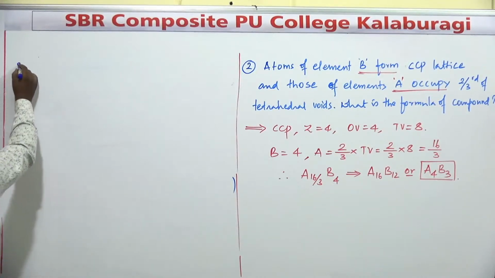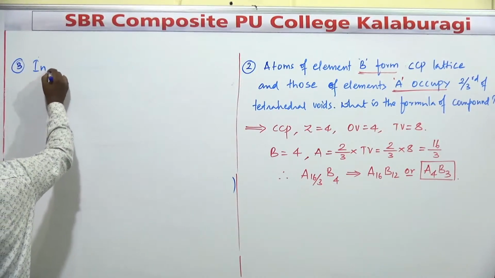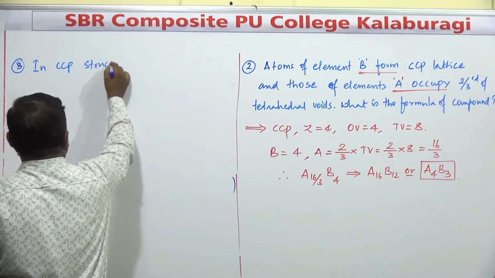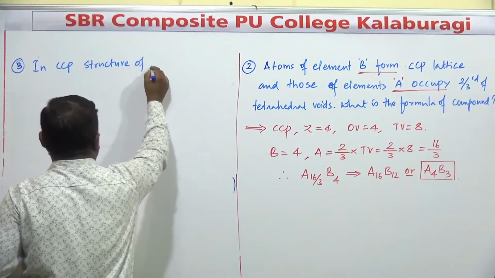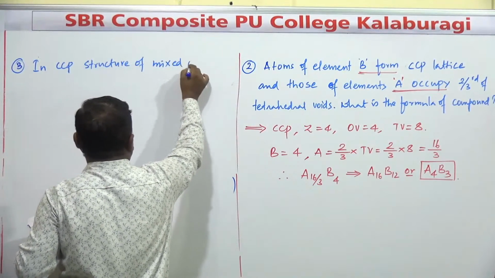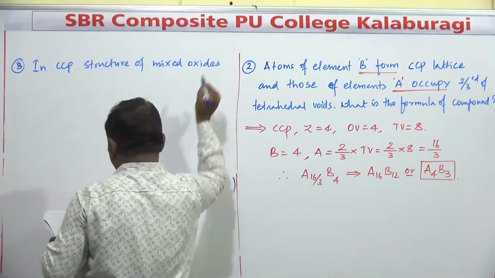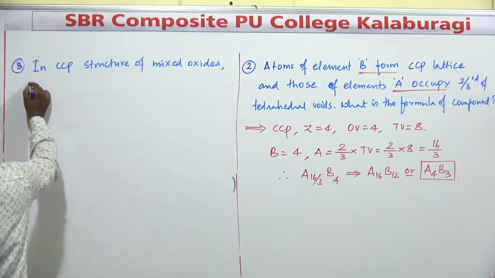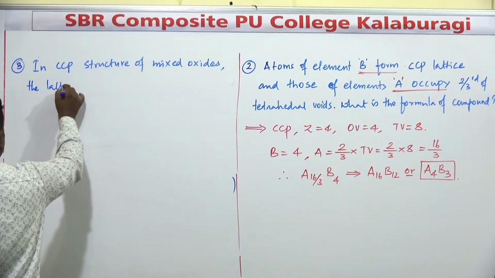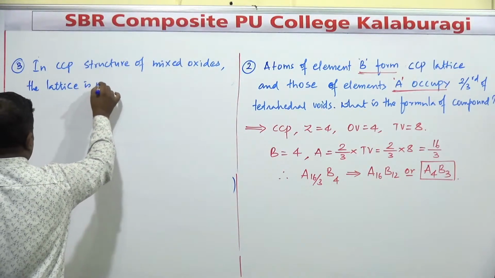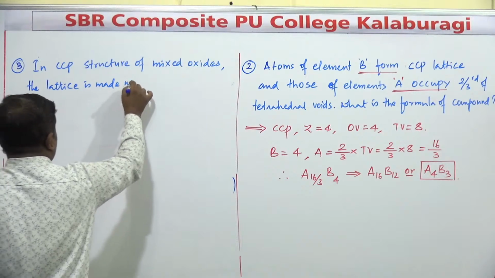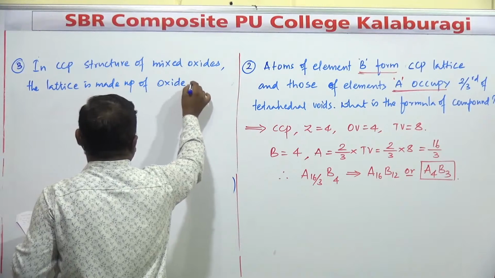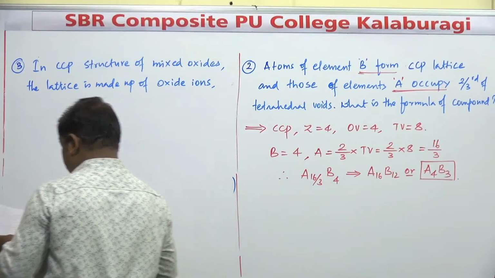Number 3. In CCP structure of mixed oxides, the lattice is made up of oxide ions.